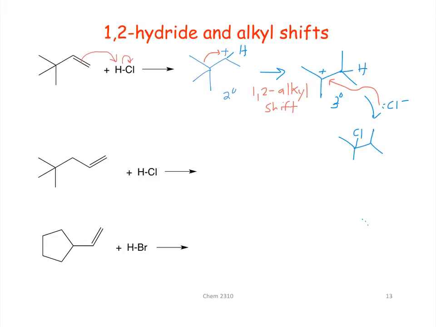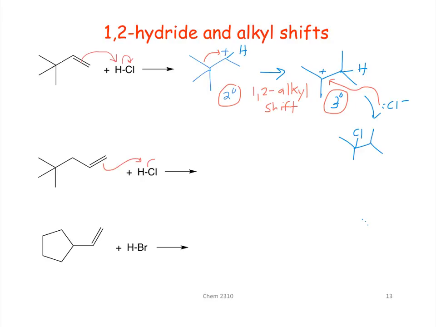So it shifted a methyl group, so it would be a methyl shift, but you could have other alkyl groups that could shift as well. And the reason, remember, is that we're able to form a more stable carbocation. All right, let's try one more.